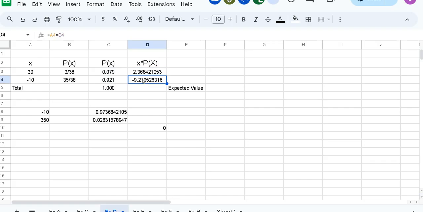What do I have to do now to calculate the expected value? Yeah, find the sum. Remember, the expected value, or the mean, is the sum of these things. So just add up those 2 products, equals sum. And then click both of those.